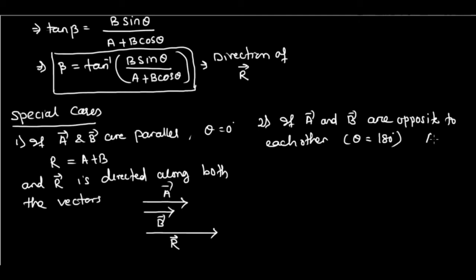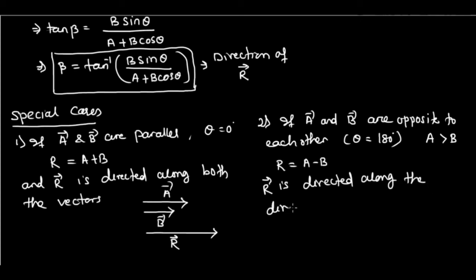And suppose assume that the magnitude of A is greater than the magnitude of B, then the resultant will be A minus B. The magnitude of resultant will be magnitude of A minus magnitude of B. And R vector is directed along the direction of A vector.